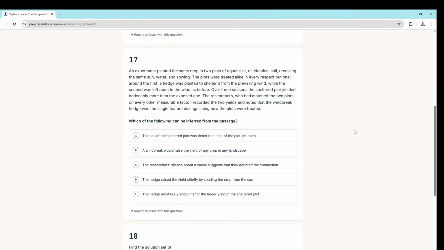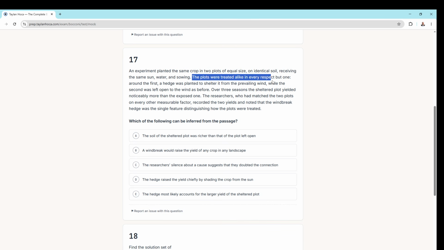So I don't want to do this reading question, but I will. I understand that, as I said before, it can be exhaustive. You might want to skip, but take a breath and continue. Which of the following can be inferred from the passage? An experiment planted the same crop in two plots of equal size on identical soil, receiving the same water.